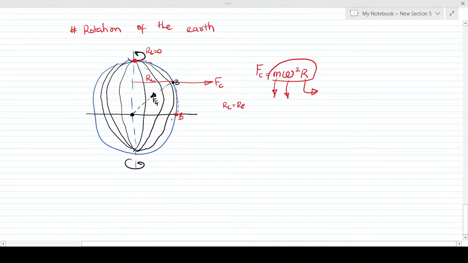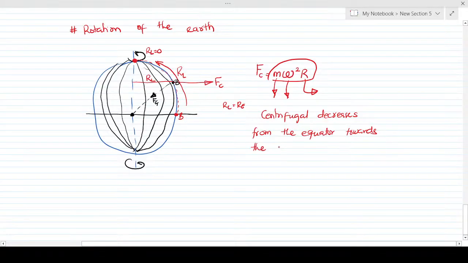As you move from the equator towards the pole, the radius of latitude will decrease. And so the centrifugal force decreases from the equator towards the poles.